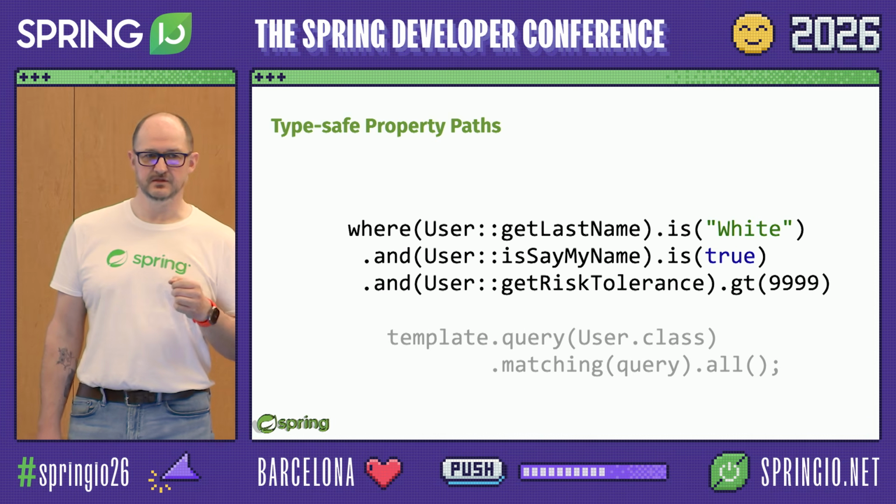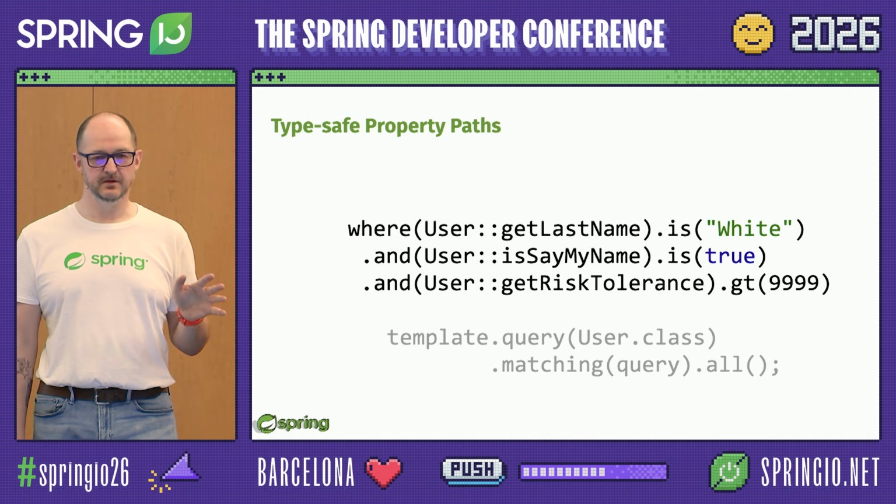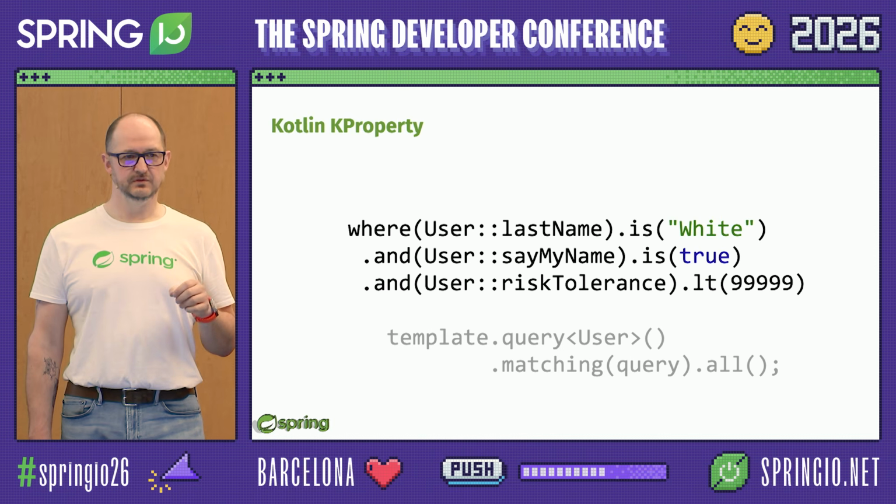And this idea isn't new. There's prior art already. There are examples in MyBatis. Kotlin has a way to directly address properties with its KProperty syntax.